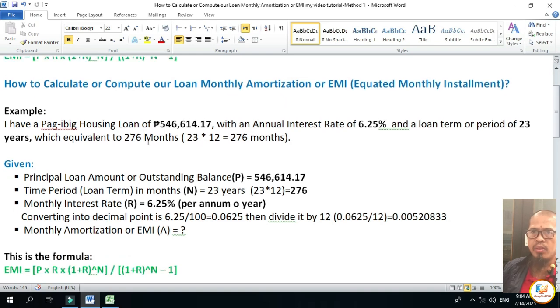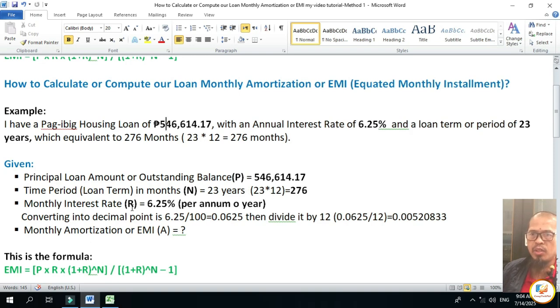So this is the given. The principal amount, which is P, is 546,610.17, and the time period or loan term, which is n, is equal to 23 years, equivalent to 276 months.